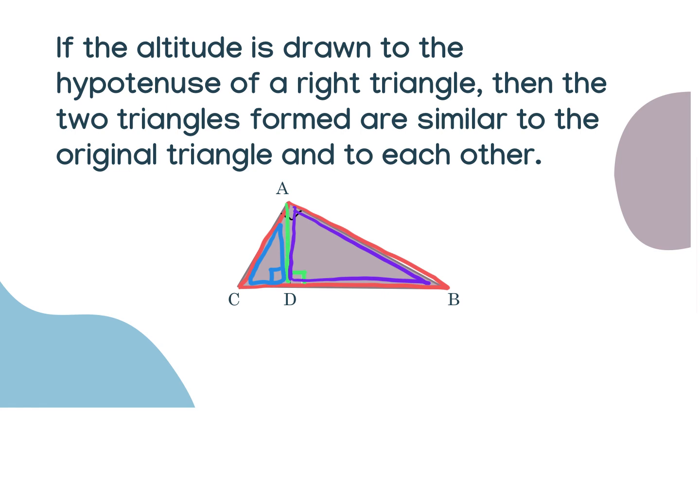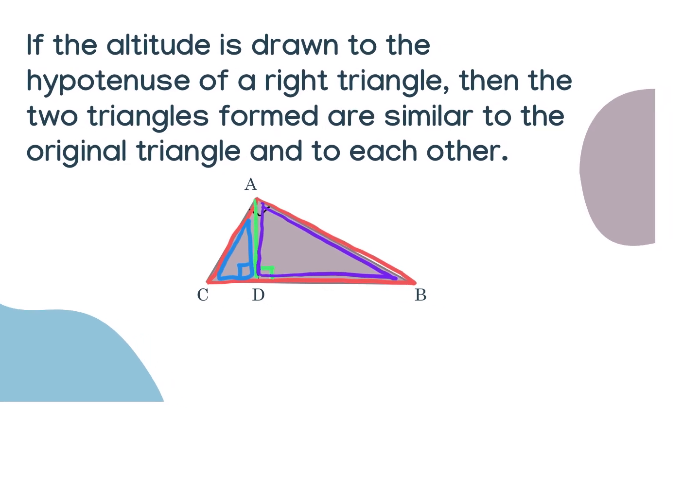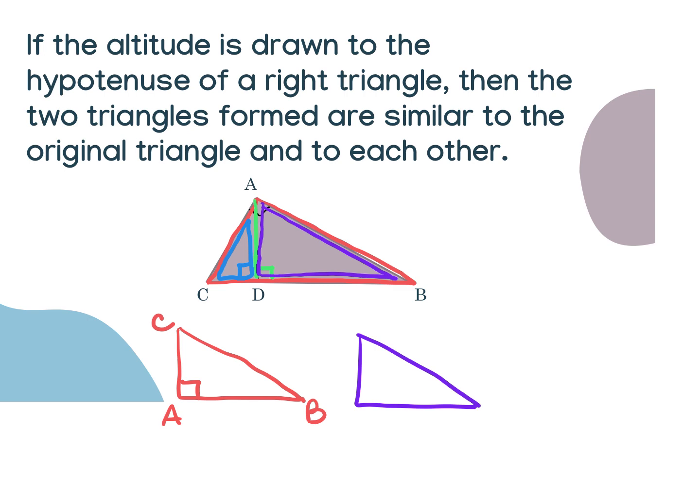So I'm going to do the original red one first. Now I'm going to go ahead and sit them so that they're all sitting the same way. So I'm going to actually flip the red one over, and I'm going to put the right angle down here. My right angle was sitting at A, my shorter leg is the C, and then the B was down here. Now I'm going to pull out the purple one, the medium-sized one, and again, I'm sitting them all the same way, and I'll draw the little blue one here.